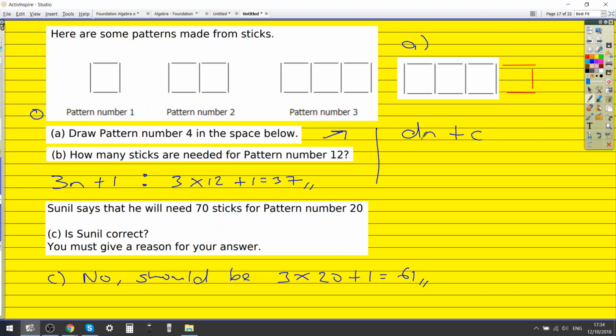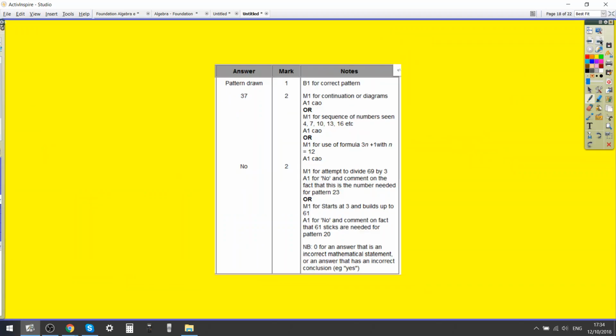And term 0 is c, so you can just subtract d. So c equals pattern 1 minus d. And that's how you can get c. Or you can just figure it out. You know, the 3 times table, 3, 6, 9, but the first one is 4, so it would have to be plus 1.